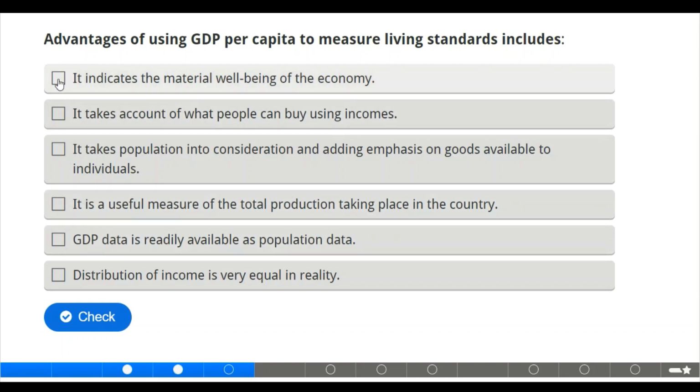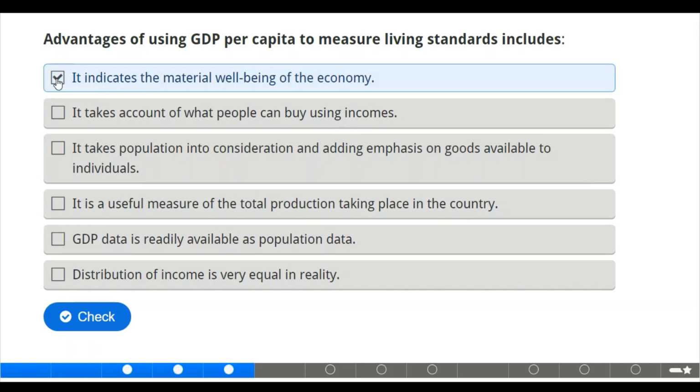Of course, GDP per capita indicates the material well-being of the economy. Two, it takes account of what people can buy using their income. Of course, no, it only measures the average income per person in an economy. It doesn't state what the income can buy.